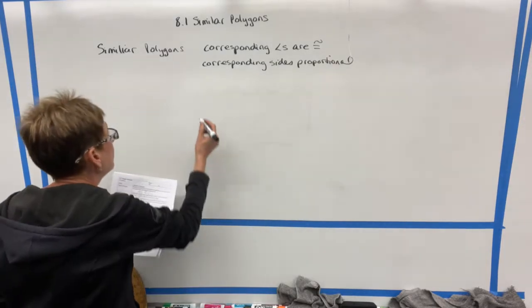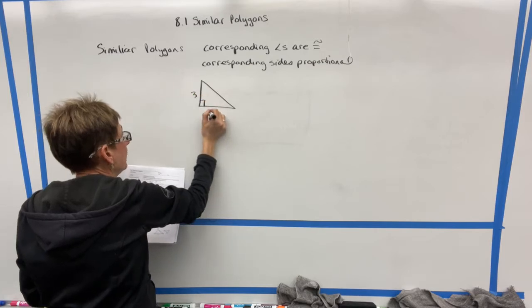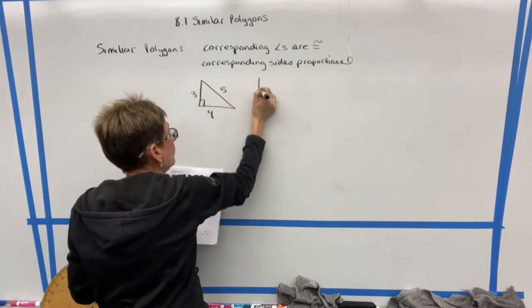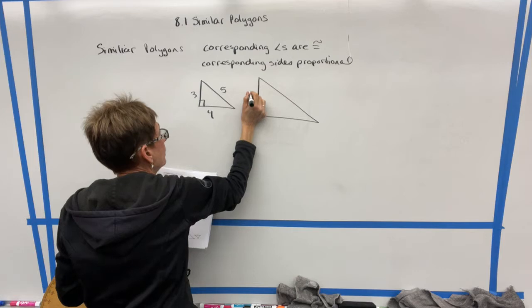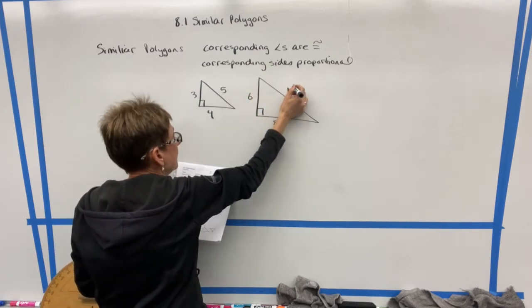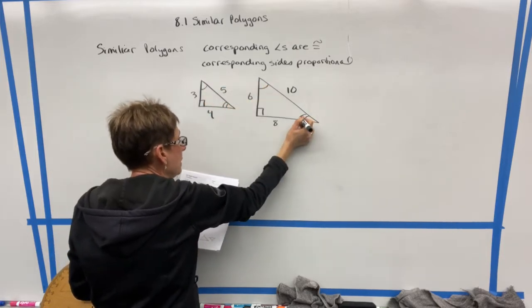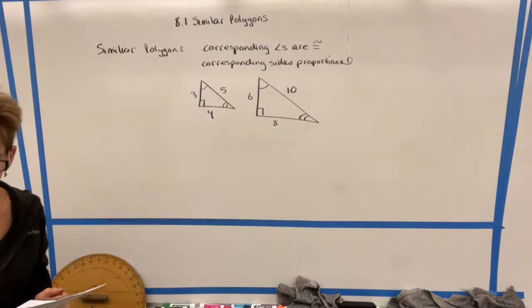So for example, let's take a look at a really common 3, 4, 5 right triangle. A triangle that would be similar to that would be a right triangle that was a 6, 8, 10, with the angles being the same, but the sides being proportional.